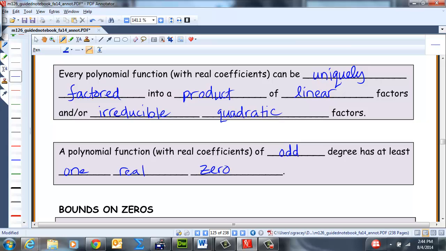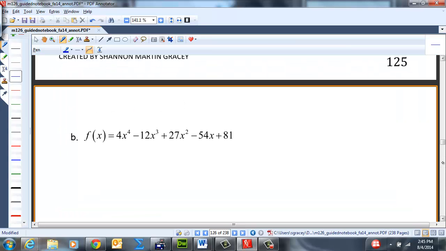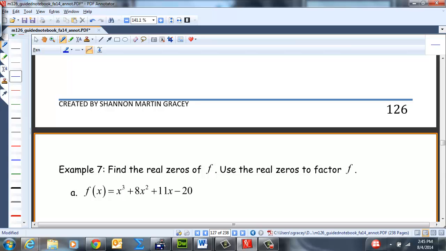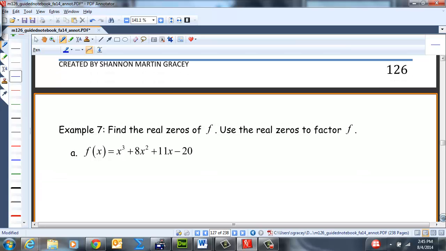Okay, so sorry to skip around on you, but before we do an example to deal with bounds, let's go to the first part of example 7 and do an example of how to do what we just learned.